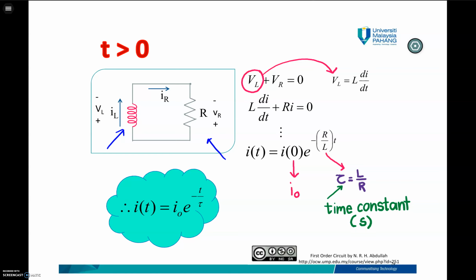You can see that the tau for the RL circuit is different compared with the tau for the RC circuit. You have to remember these equations and of course the tau.